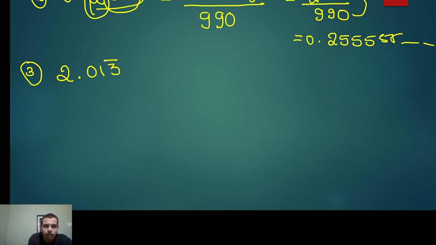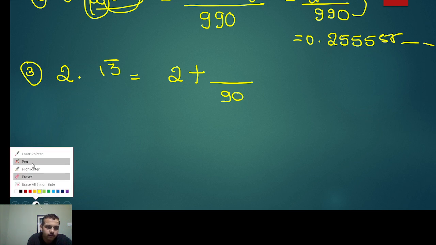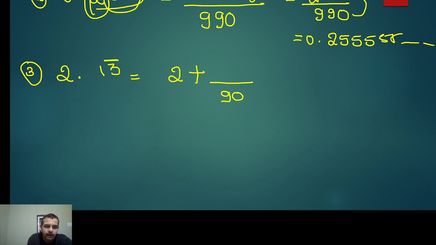Next concept: 2.013 bar, how will we do this? Take 2 plus 13 minus 1 in the numerator, and in the denominator 9 and 0. So 2.13 bar becomes 2 plus 12 by 90.